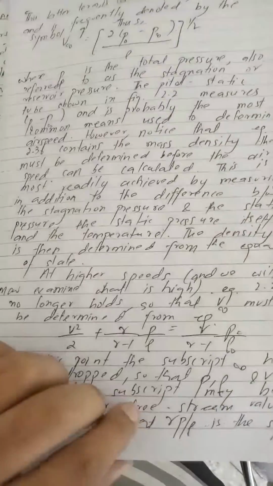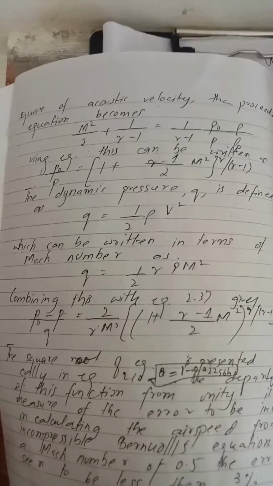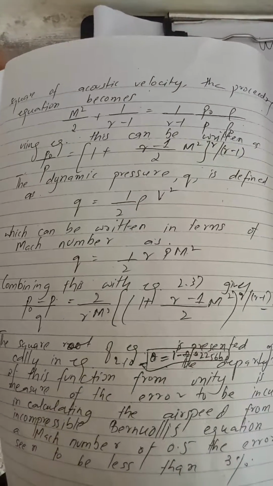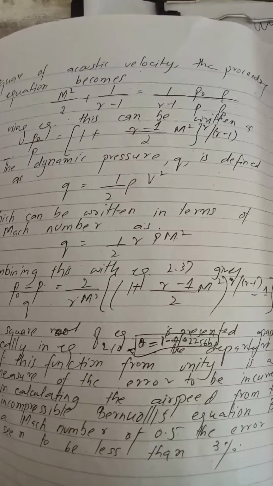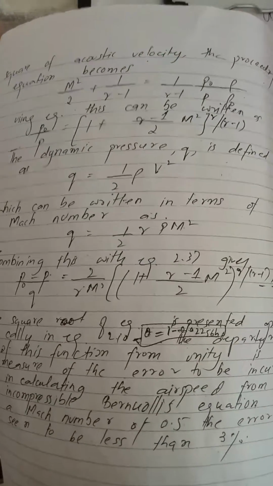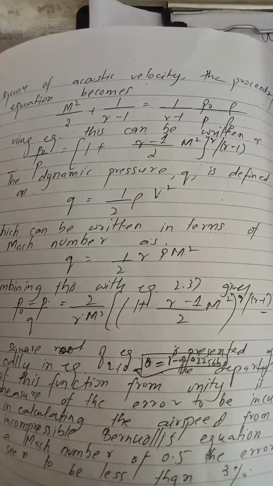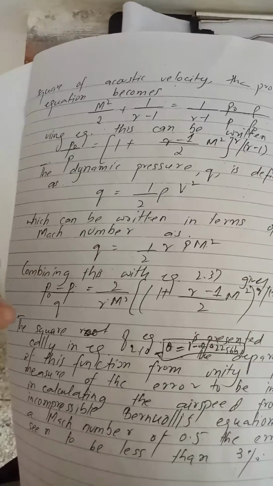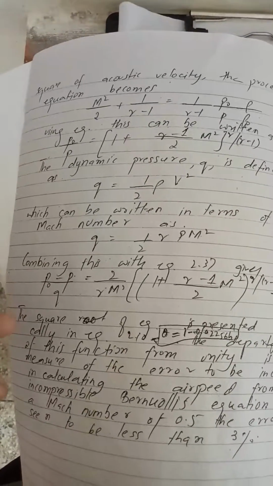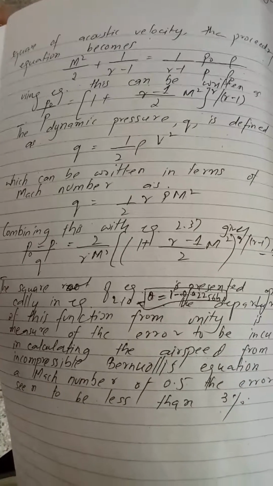The Bernoulli's equation can be used just by replacing it with the Mach number, and also the compressible Bernoulli's equation in terms of acoustic velocity, when it would be used for the Mach numbers, that equation would become this one, and you can use this to further explain the dynamic pressure.